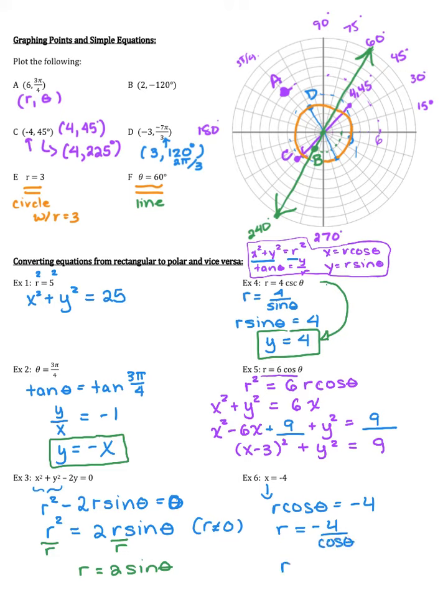But then we're also going to rewrite this using our reciprocal properties. That's equivalent to -4 secant theta. So notice this will also give you the equation of a vertical line, because that's what x equals -4. Okay, there is your introduction to converting from rectangular to polar, graphing a few points, and translating the points.